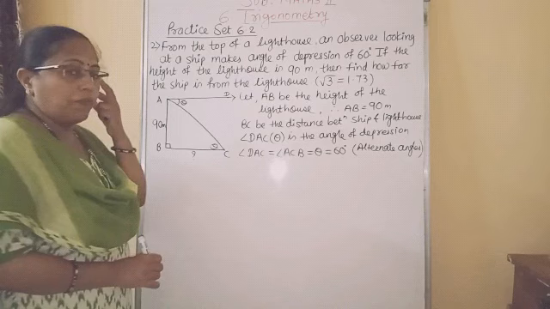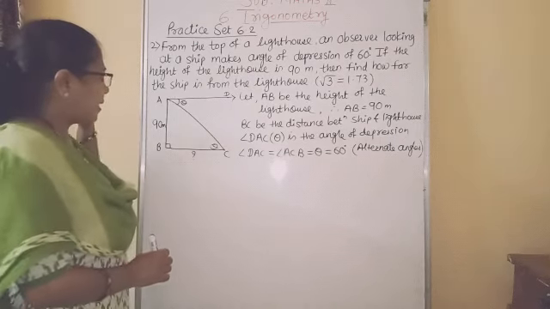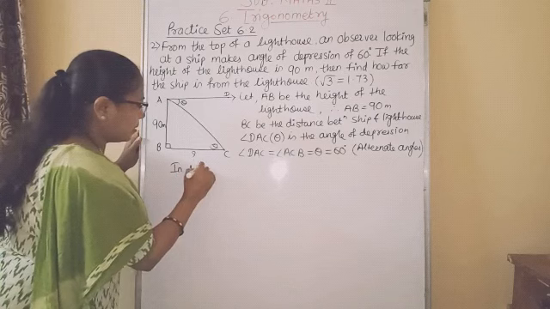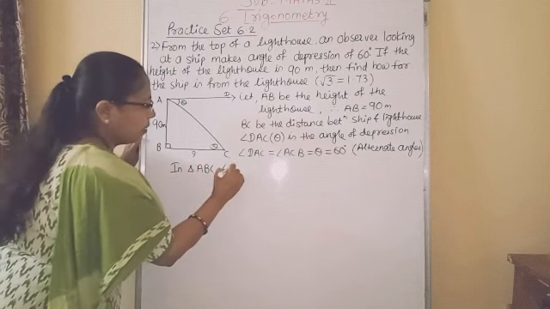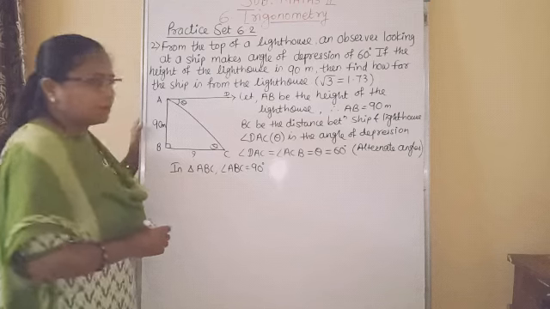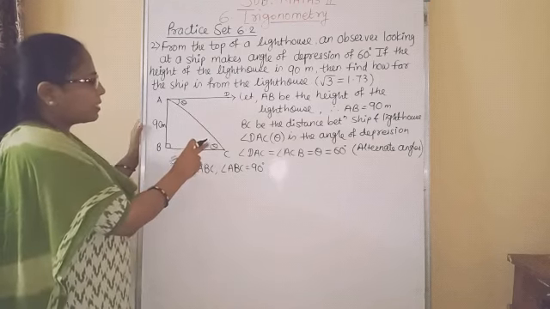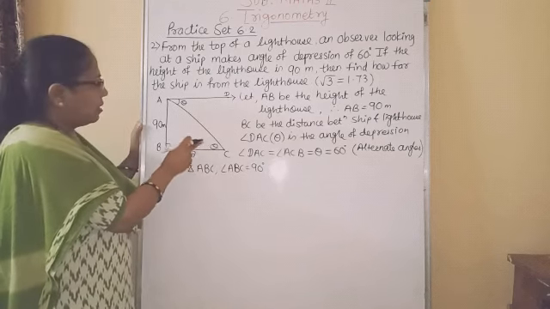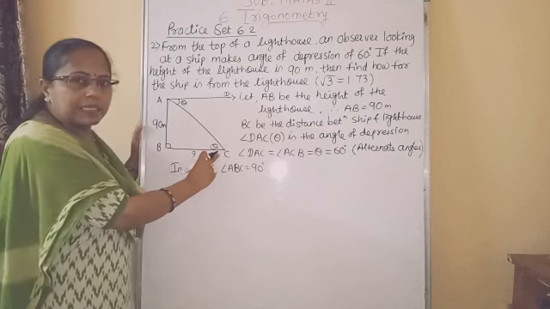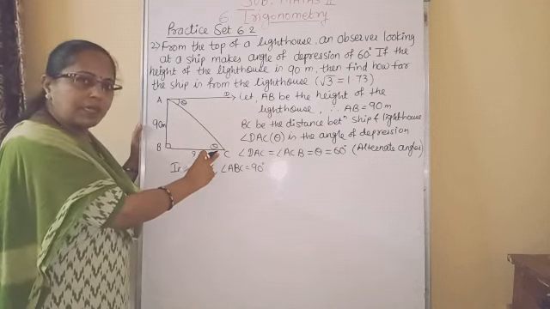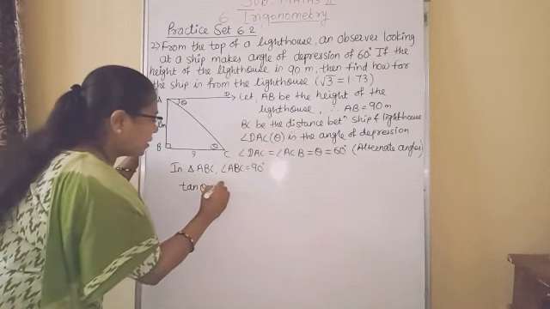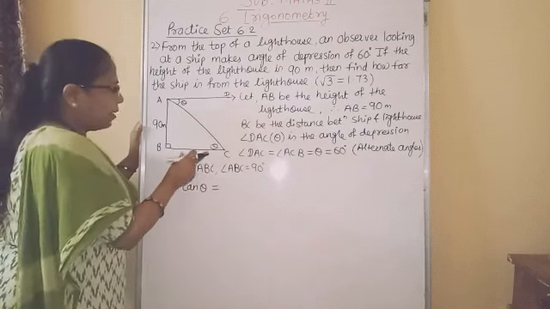Followed? Now we will go for the solution. We will take right angle triangle ABC. In triangle ABC, angle ABC is equal to 90 degrees. Now with respect to this theta, the opposite side is given and we have to find the adjacent side. So again we will use the tan theta ratio. tan theta is equal to AB upon BC.